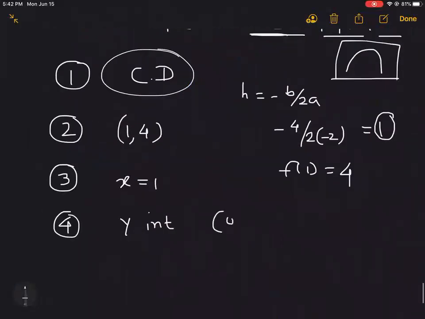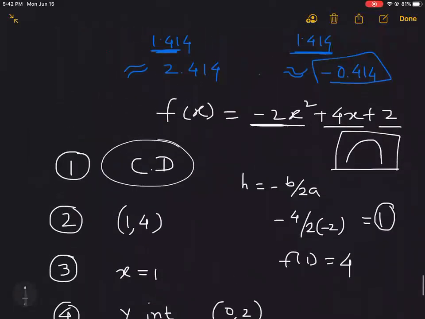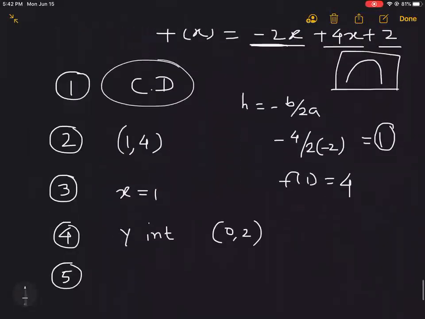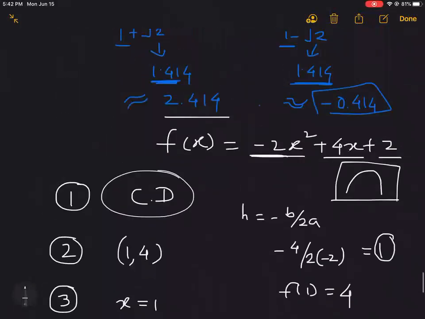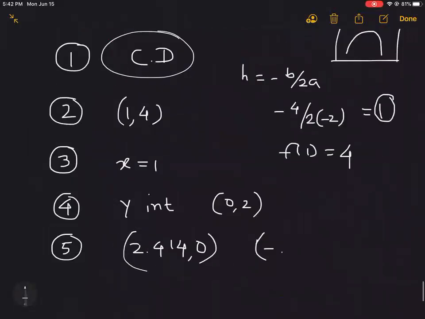The x-intercepts are 1 plus square root of 2 over 1, comma 0, and the other one is 1 minus square root of 2, comma 0. Okay, this is the information you already have.